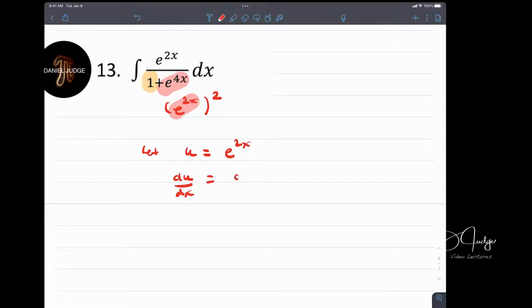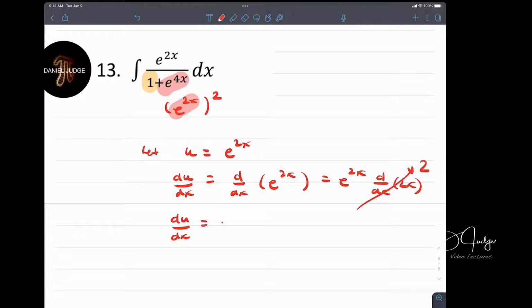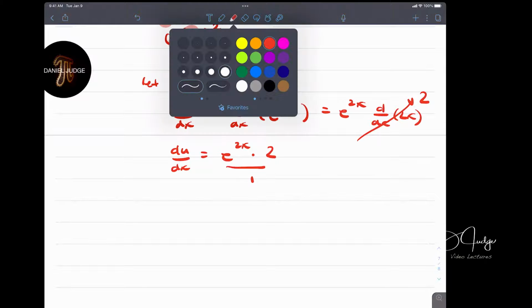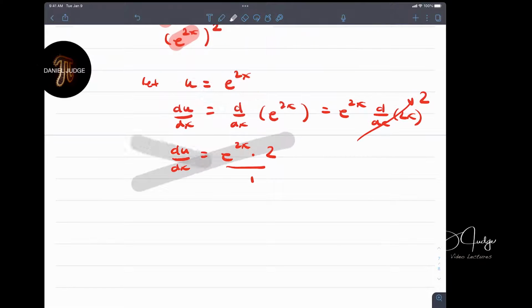So du/dx: we differentiate e to the 2x, which is e to the 2x times the derivative of 2x, and that's a 2. du/dx becomes e to the 2x times 2. Now, this is a proportion, and remember, we need to solve for dx.